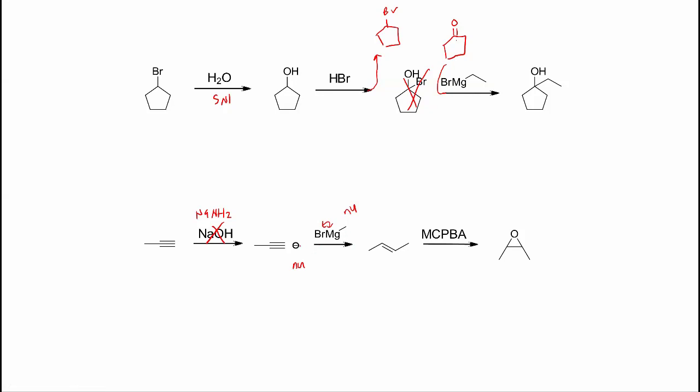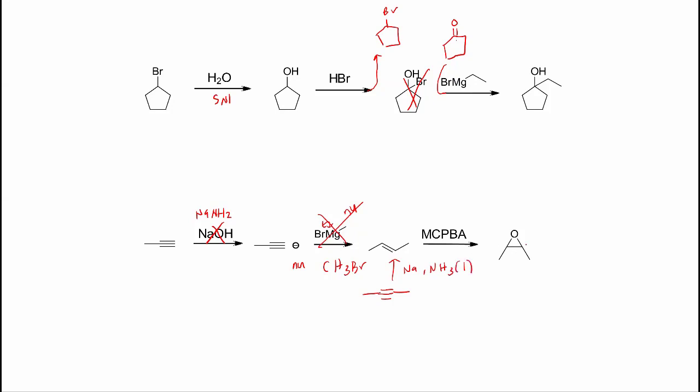So you want to make sure if you're having an acetylide, we need to make it electrophilic by adding CH3Br. And then that step will give you the alkyne with the extra carbon before you go to this step. And then this would give you the trans. If you wanted the trans, you would use the sodium with liquid ammonia.